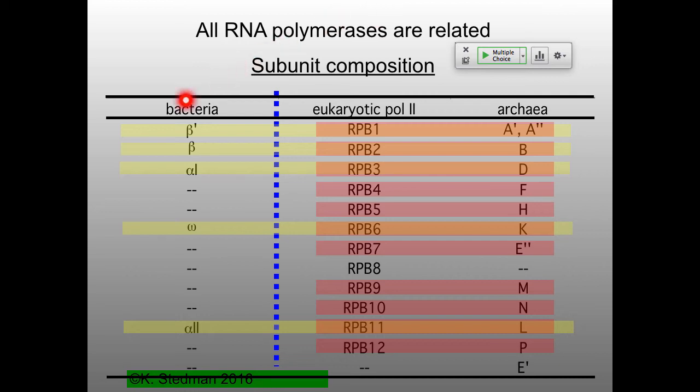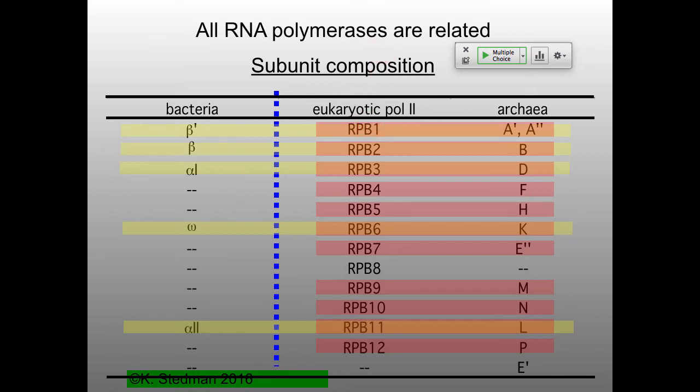But basically, of the 5 subunits that you have in the bacterial polymerase, each of these has a homolog in the eukaryotic polymerase, but the eukaryotic polymerase also has a few extra ones, like these 4, 5, and 6. RP, by the way, here is RNA polymerase.